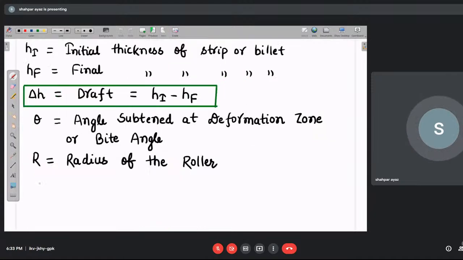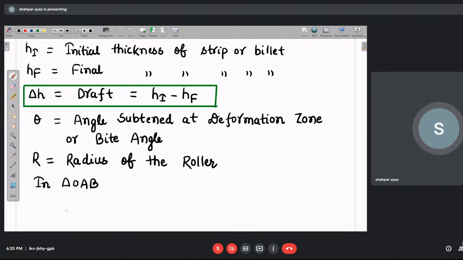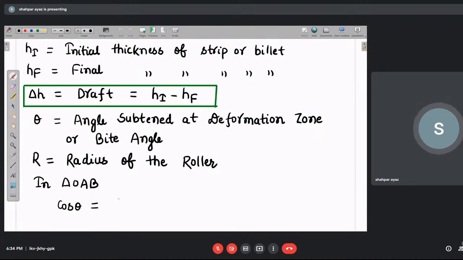So in triangle OAB, cos theta is equal to base by hypotenuse, OB by OA.